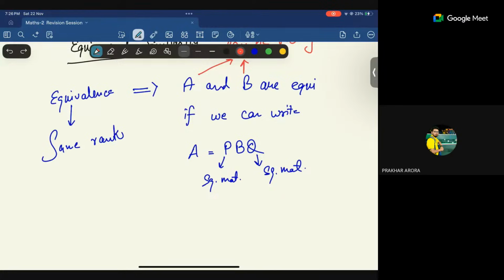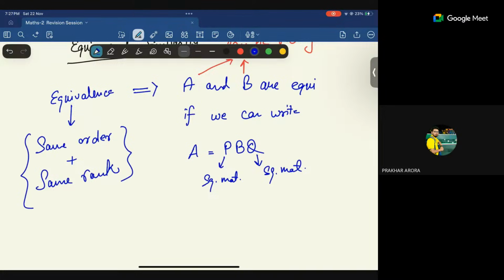We found that if A and B have the same rank, then they are equivalent matrices. And there is one condition here: same order plus same rank.